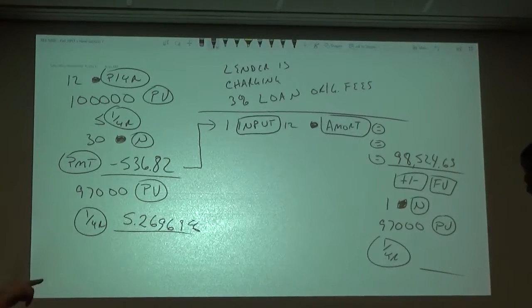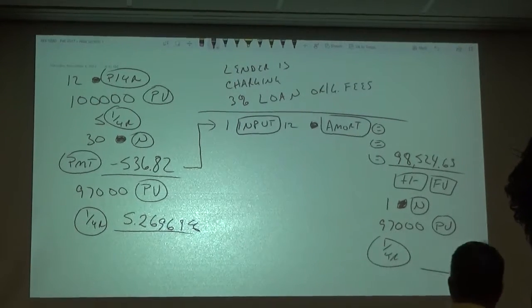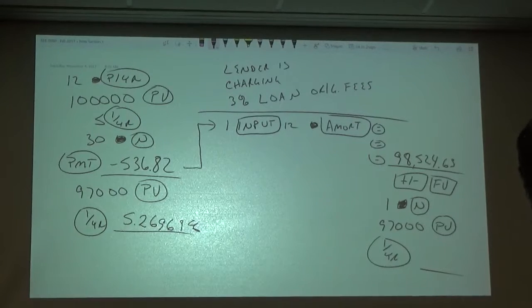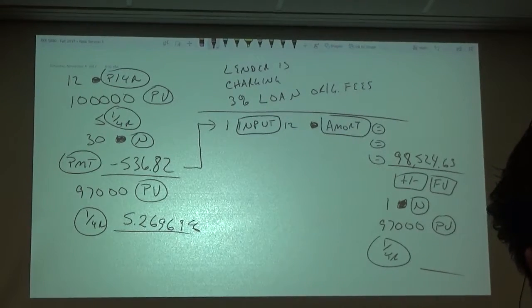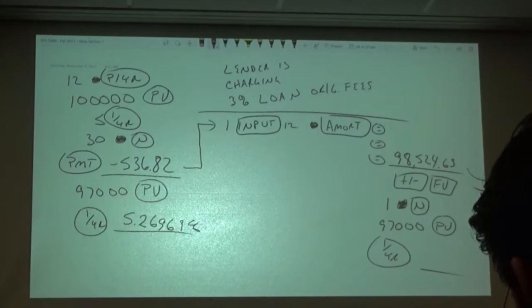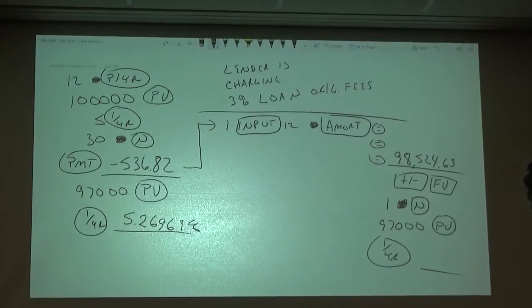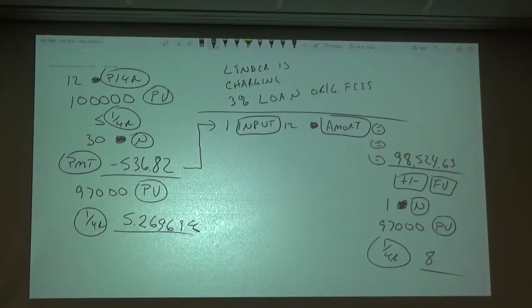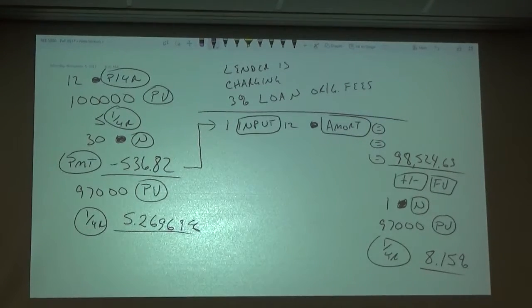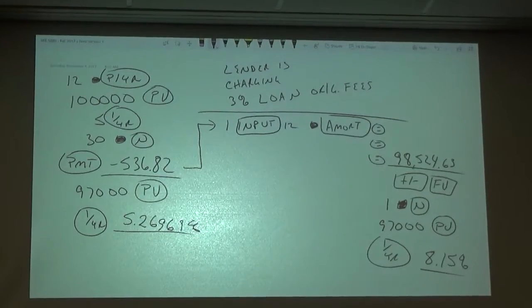And there are a couple of ways I could have gotten to the same thing, but this is just one approach. What happened? It jumped a lot. We went up to 8.15% as my effective cost of borrowing.